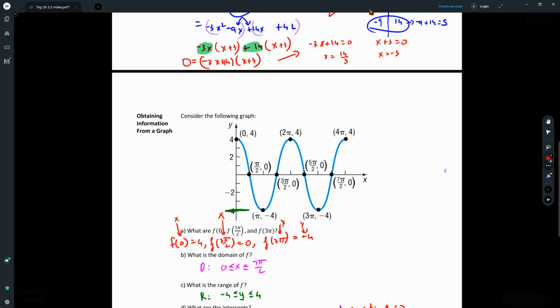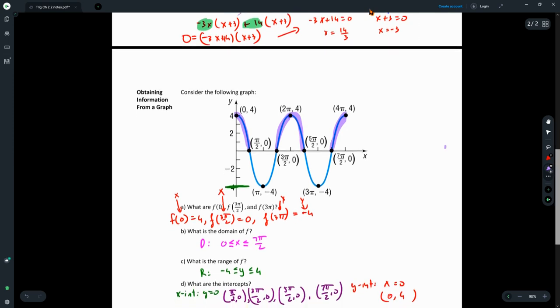All right, so for y to be positive, it has to be above the 0, right? So you're talking about this portion here, and this portion here. Okay, that's when y is positive.